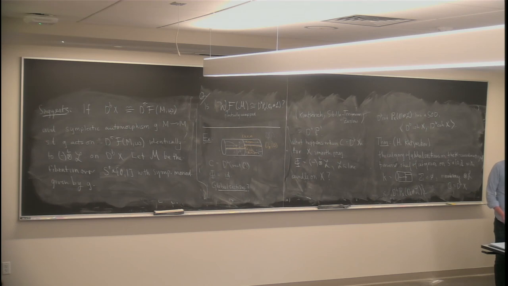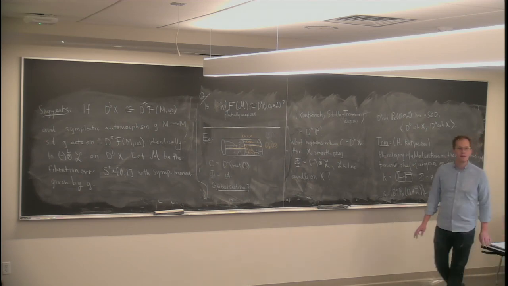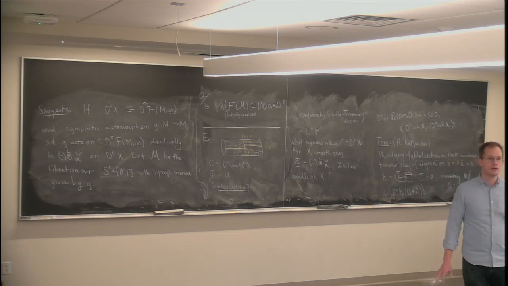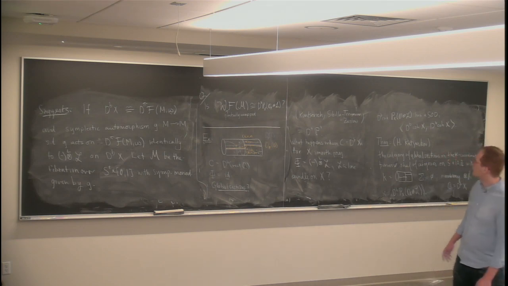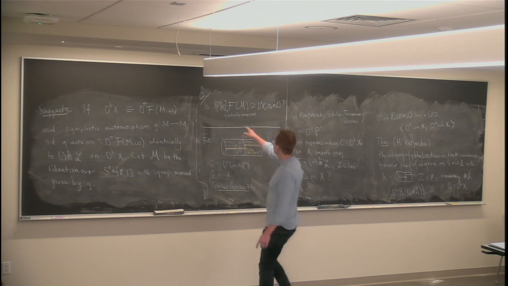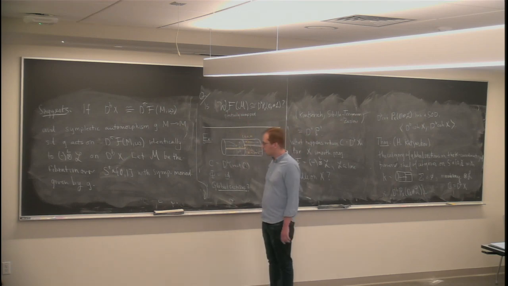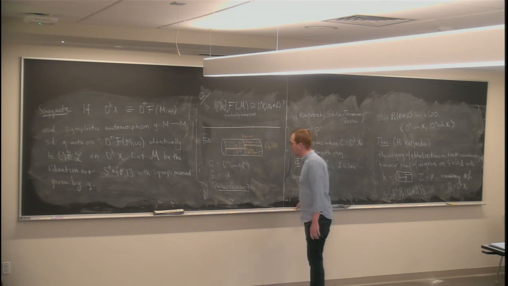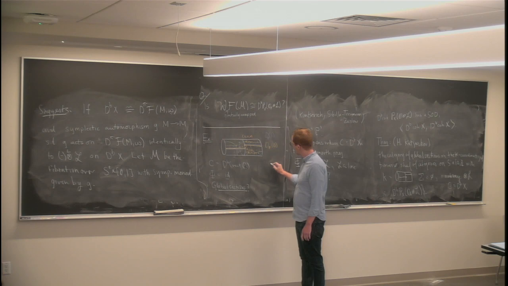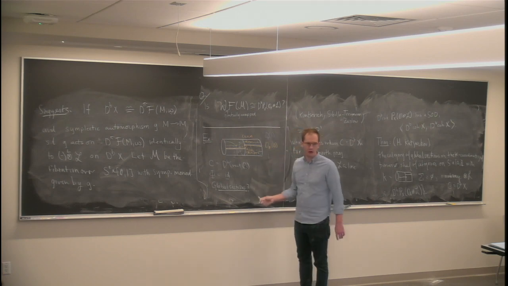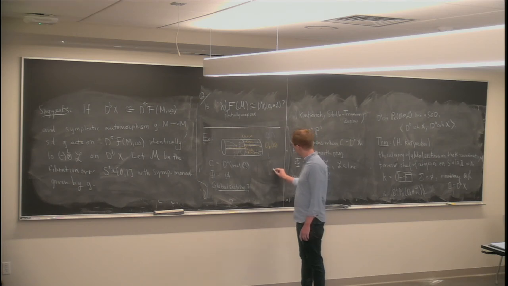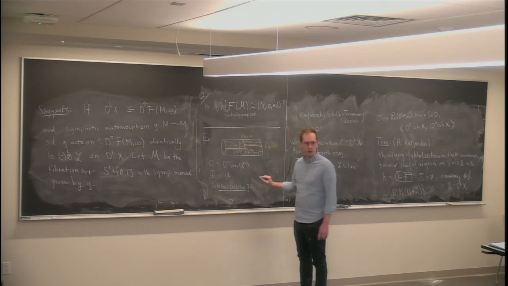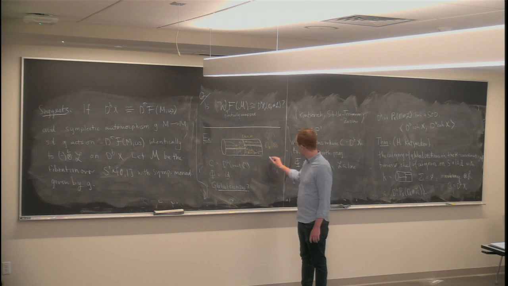Do you have a model on the A side, a Landau-Ginzburg model? Essentially, another way to think about this is that I have a Landau-Ginzburg model over some open piece of C star, that I compose with the Landau-Ginzburg mirror, the Landau-Ginzburg potential x plus 1 over x of P1.